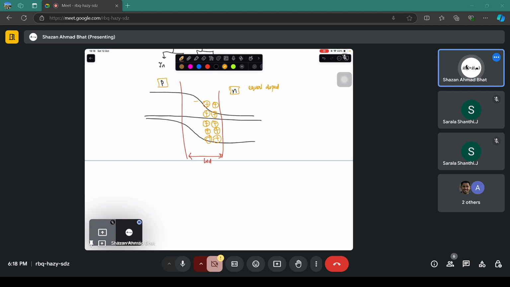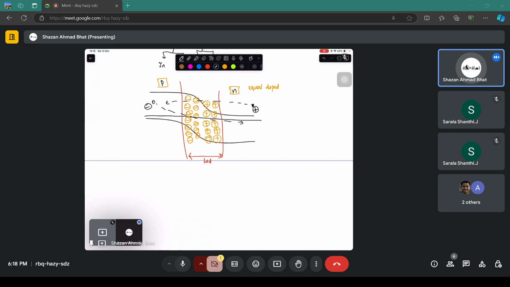In the middle, this will look something like this. These are the immobile ions present. And because you have a positive ion and an electron here, you have a negative ion and a hole here. So the electron will go onto this side, the hole will go onto this side.